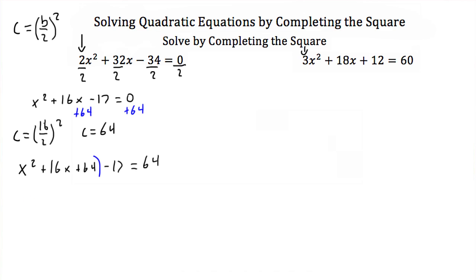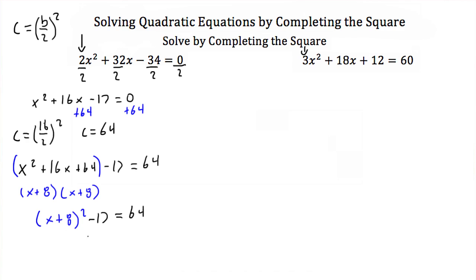This here is a perfect square trinomial. This is x plus 8 times x plus 8, or you can think of that as x plus 8 squared. And don't forget about your 17 and the 64 on the other side.